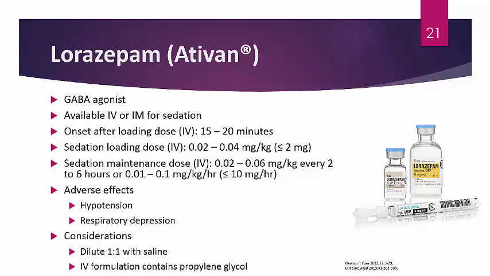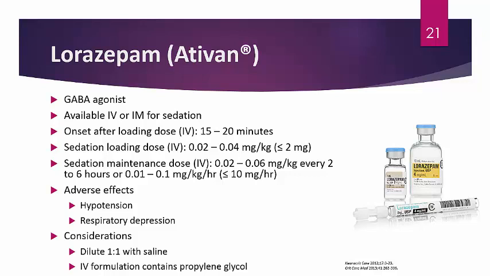intermittent dosing of lorazepam. One thing to keep in mind with lorazepam is it does have a longer half-life, so you may be able to get away with these intermittent maintenance doses, or you can also institute it as a continuous infusion of 0.01 to 0.1 milligrams per kilo per hour, not exceeding 10 milligrams per hour.